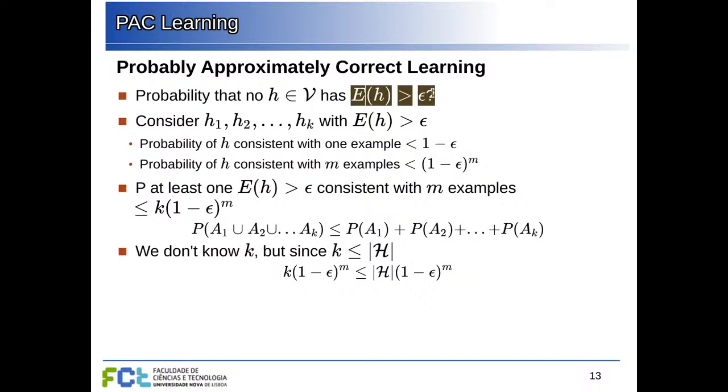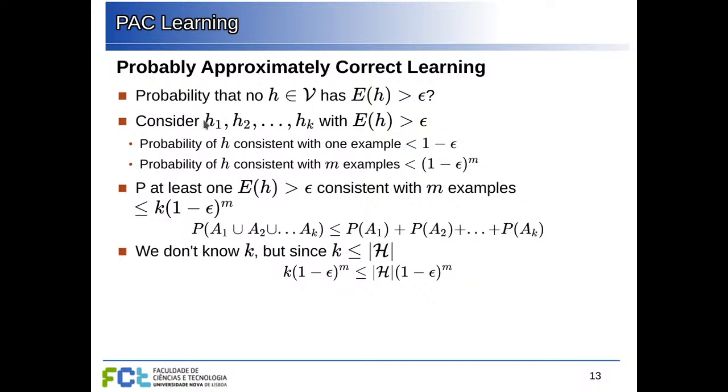estimate that. So consider that we have a set of hypotheses with the true error greater than epsilon. So these are hypotheses somewhere in our hypothesis space that have a large true error. The probability that one of these hypotheses is consistent with one example, that is, the hypothesis classifies one example correctly, must be below 1 minus epsilon.